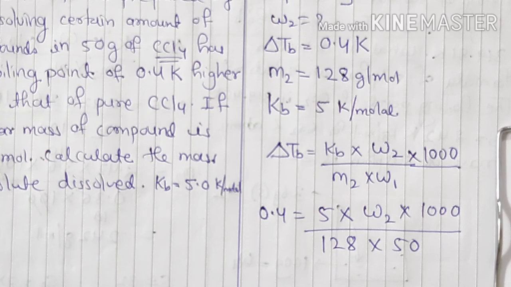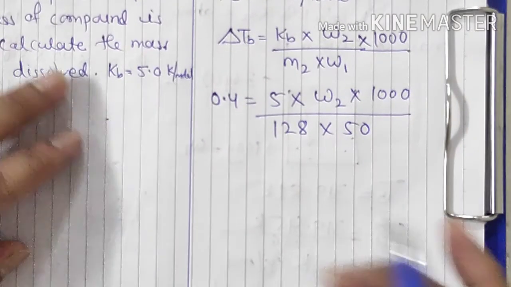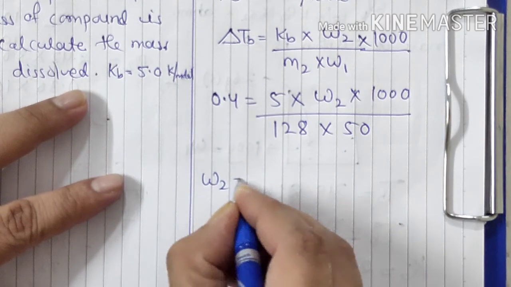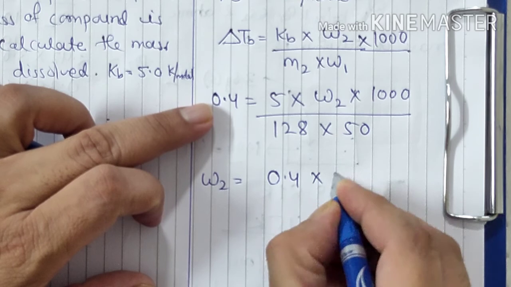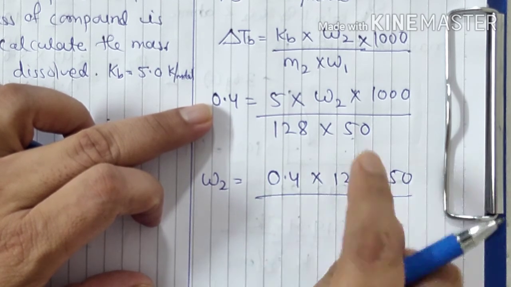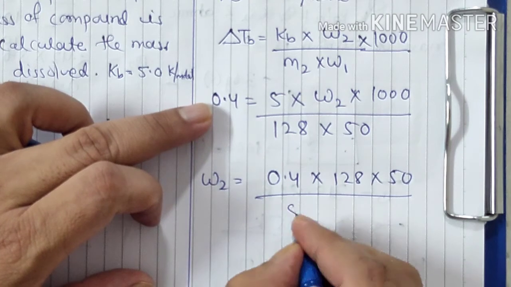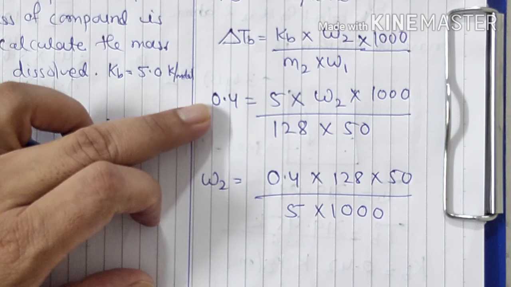Right? Now, so what will be W2? W2 is 0.4 into 128 into 50, right, divided by 5 into 1000.